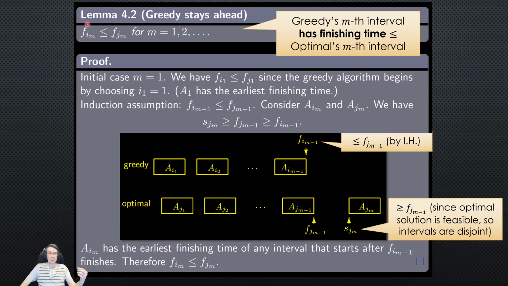And it's not clear maybe that the finish time of one being less than or equal to the finish time of the other means that this is just as good, but the next part of the proof that uses this lemma should make it clear that this lemma enables us to prove that greedy obtains the optimal number of intervals.